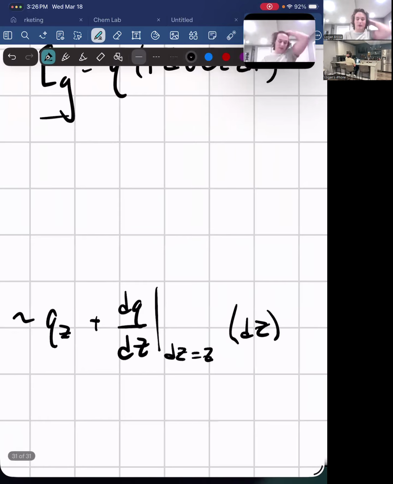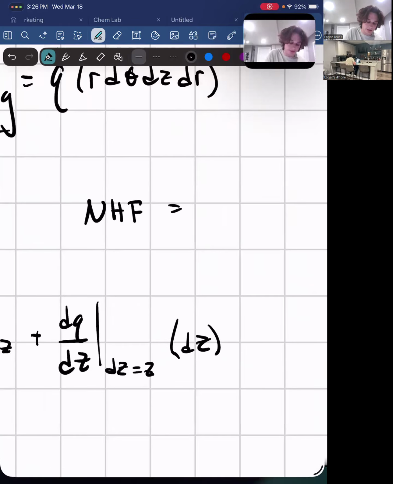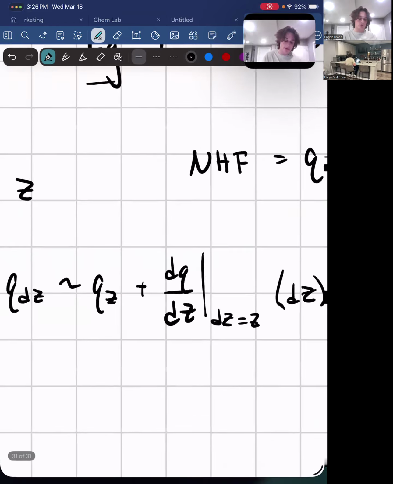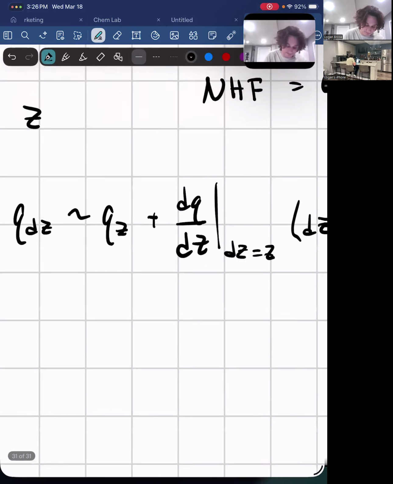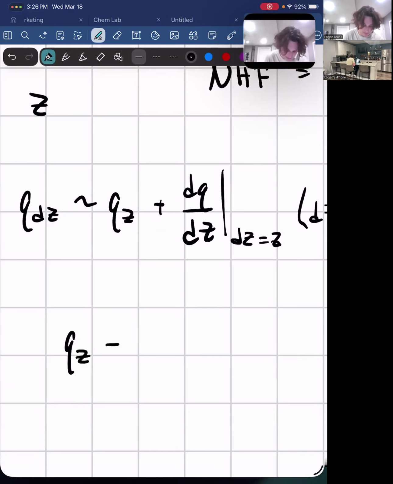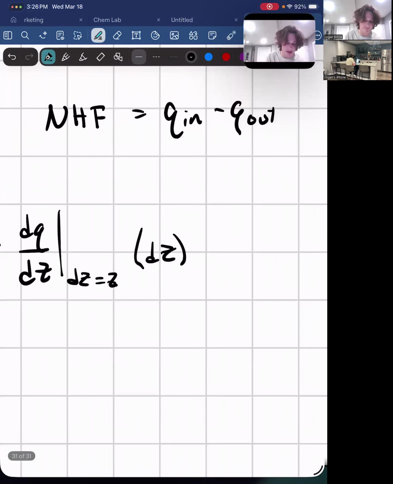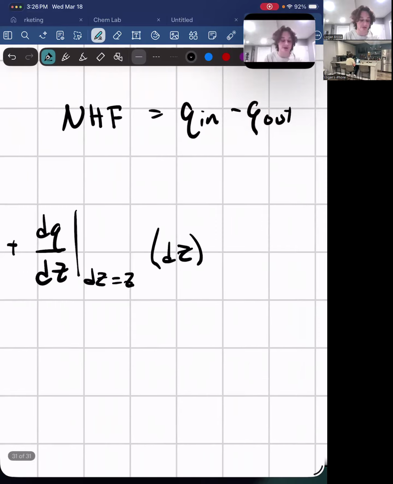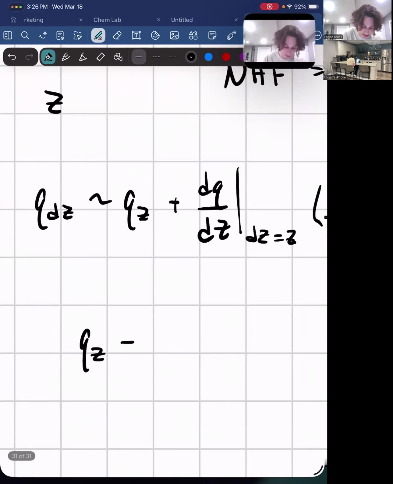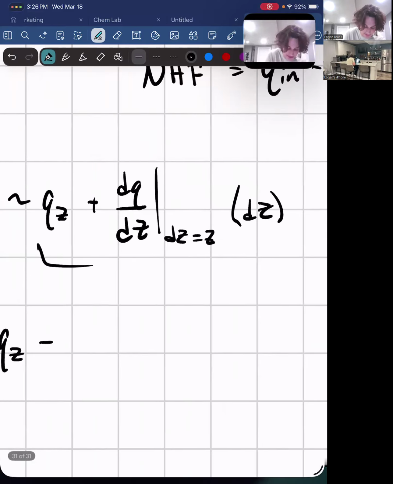And so when we look at this, we know that our net heat flow equals Q in minus Q out. So when we plug that in, our Q in for the z direction is just Qz minus our Q out for the z direction, which is our Q at z plus dz, right? So we take this expression here and plug it in.